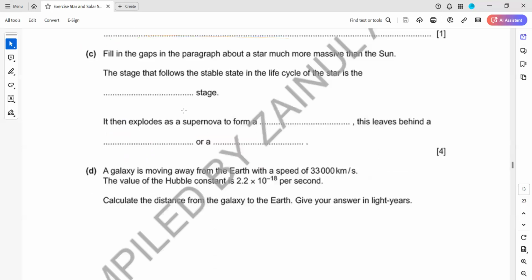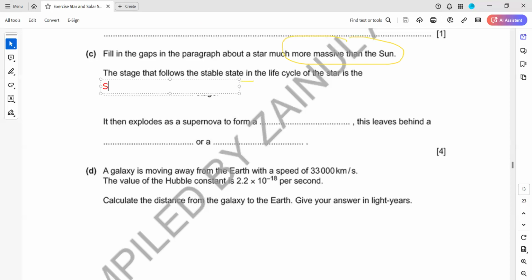Fill in the gaps in the paragraph about stars much more massive than the sun. The stage of a star that follows the stable state in its life cycle. But the gaps are about much more massive stars. For a massive star, from the main sequence, from the stable star, what will they turn into?